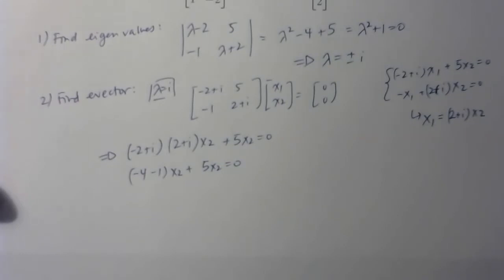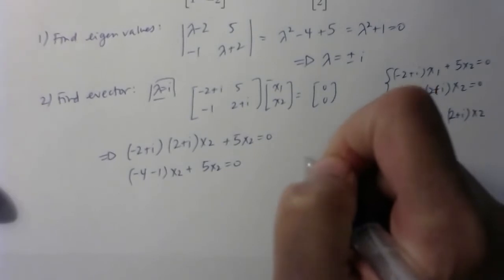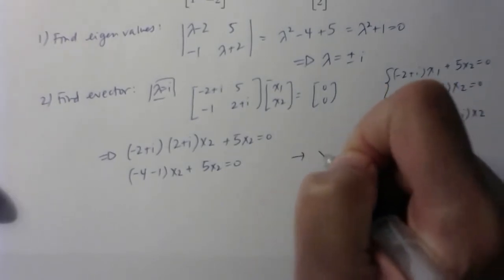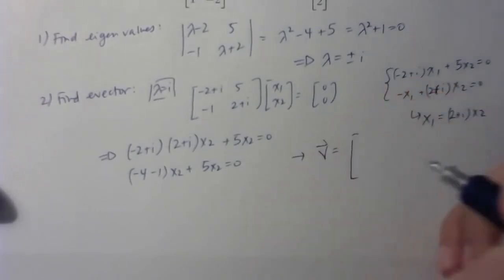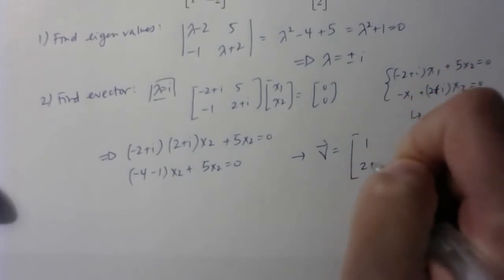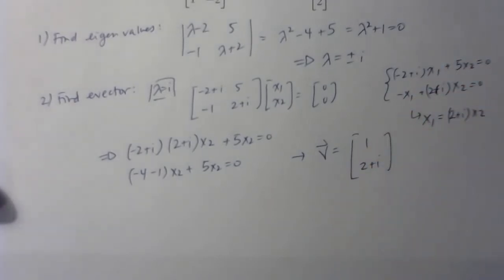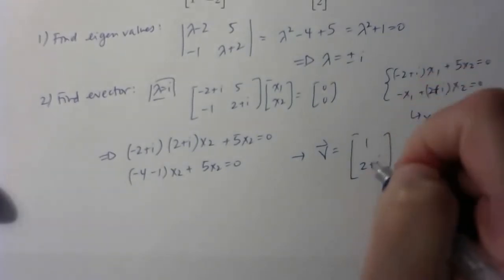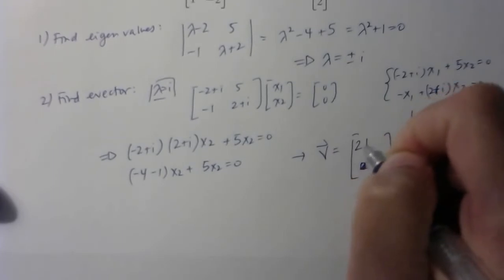So what's the condition? So if x1 is equal to 1 and x2 is equal to 2 plus i, does that work? Oh, sorry, flipped. Whoops. That's why that didn't make sense.